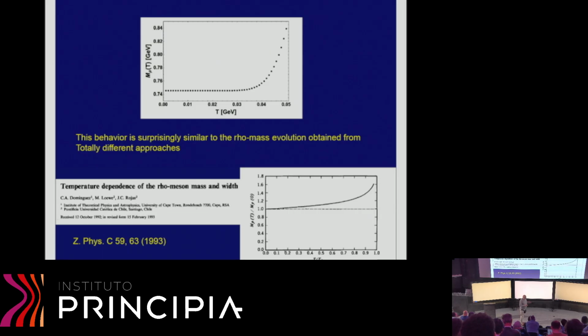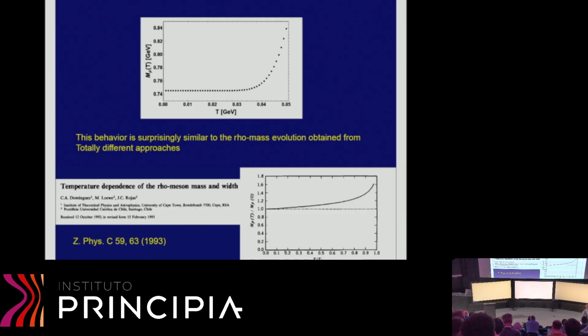Totally different arguments, and nevertheless, the behavior of the mass as function of temperature is interestingly similar. So something true must be behind things I have said. The interesting point is that the slope of the Regge trajectory diminishes as function of temperature.